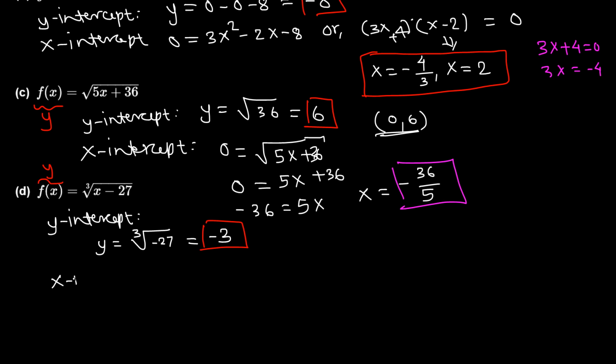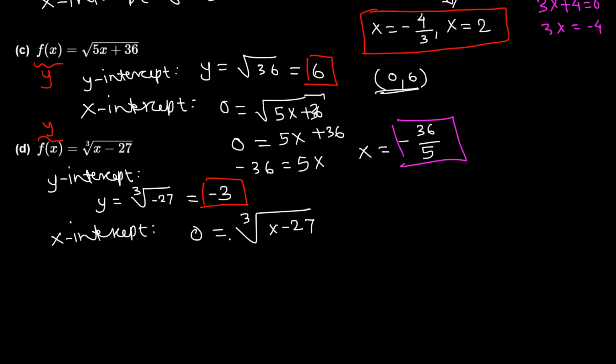And to find the x intercept, we plug in y equals 0. That means 0 equals the cube root of x minus 27. Now we need to isolate x from here. We cube both sides, just cube the whole thing, and cube and cube root cancel. 0 cubed is 0 equals x minus 27.